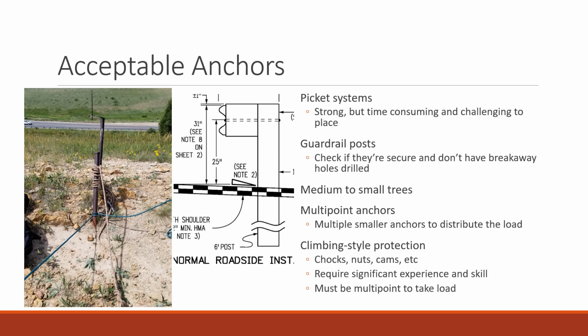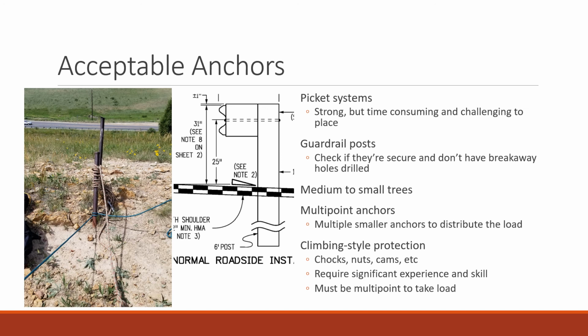Next, guardrail posts can be really good, but there are some cautions. You'll see the post is actually 6 feet long with only about half of it sticking up. So you've got a lot of embedment in those posts that makes them pretty strong. They're at pretty even spacing, so you can use one for your primary and then use the next one.